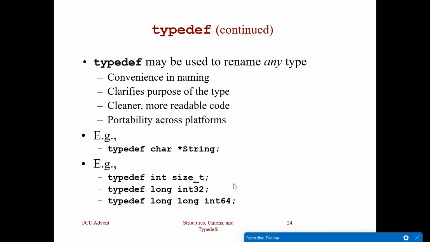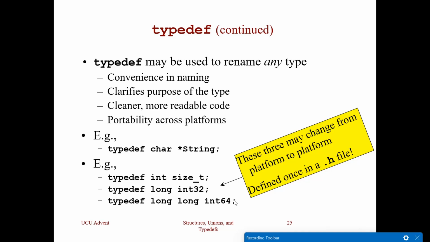It also supports portability across different platforms as you work. For instance, if you say typedef, then have a string of characters, or typedef int size_t, or long int 32, or long int 64, or whatever you're trying to do.